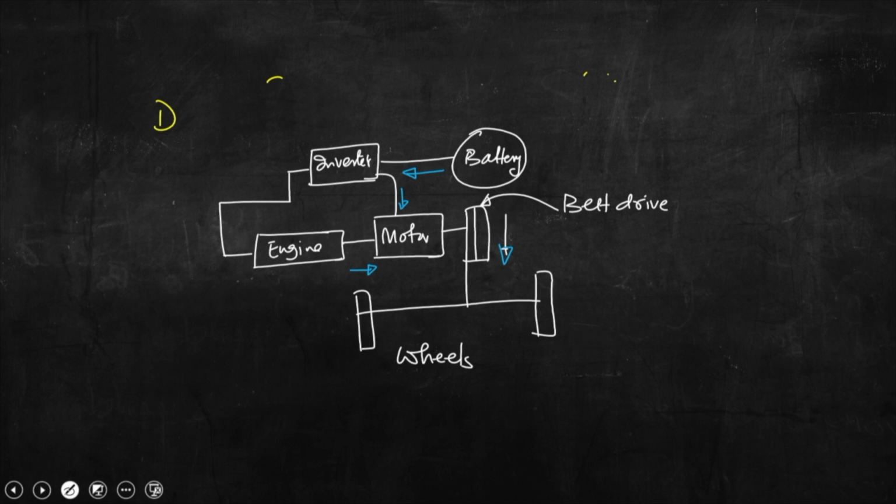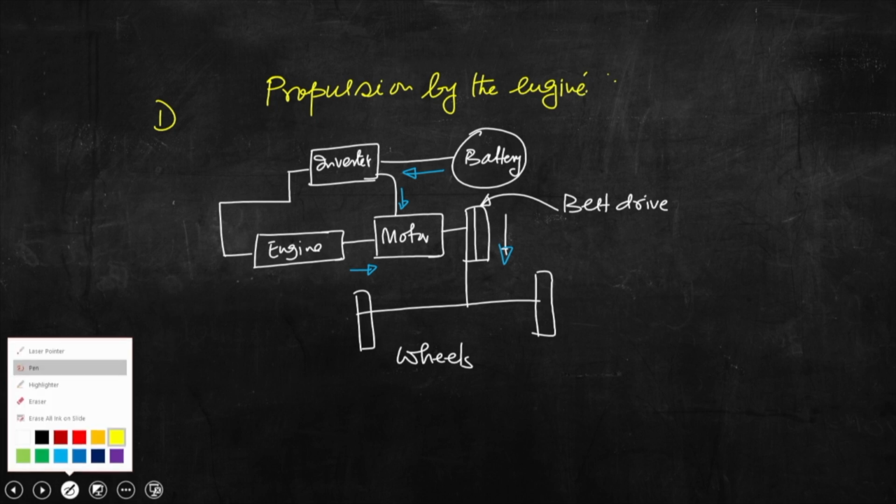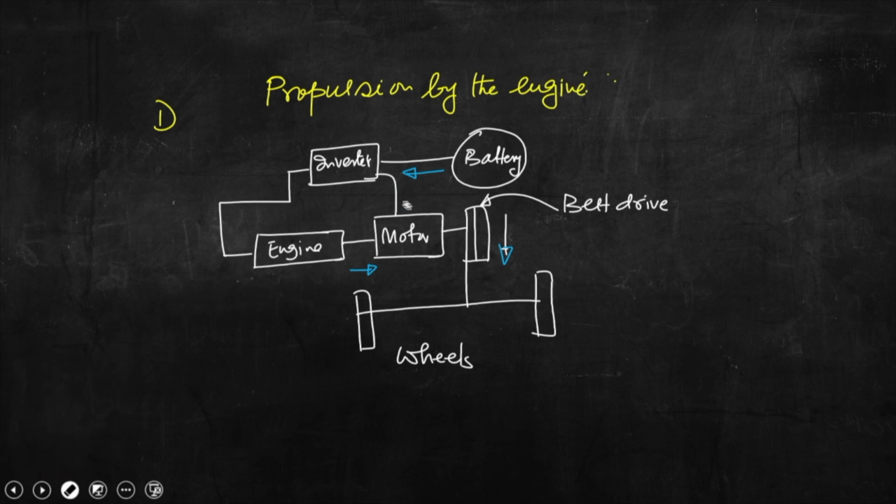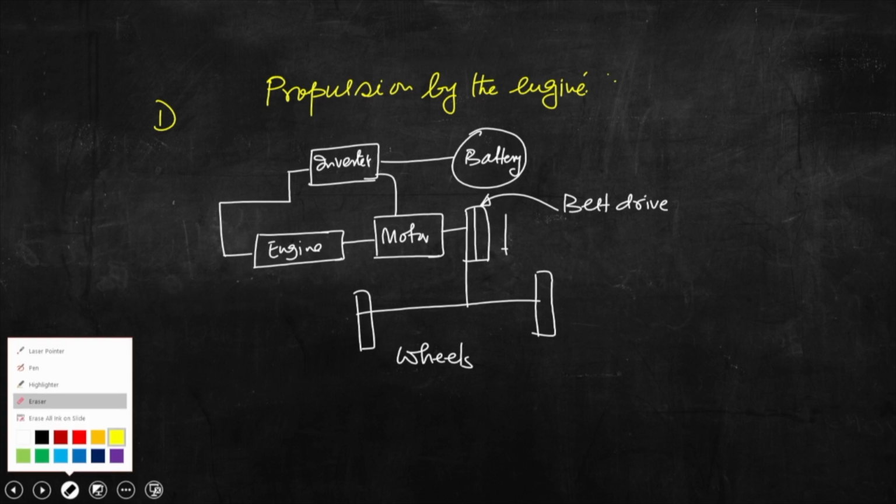Next is propulsion by the engine. Again let me erase all the arrow directions. The arrangement is the same, right. Now what we will do is draw a new set of arrows.